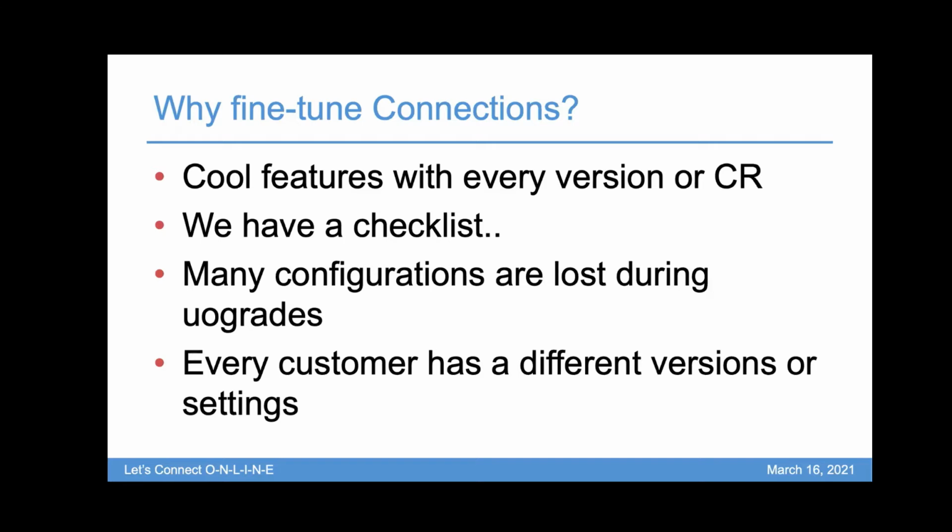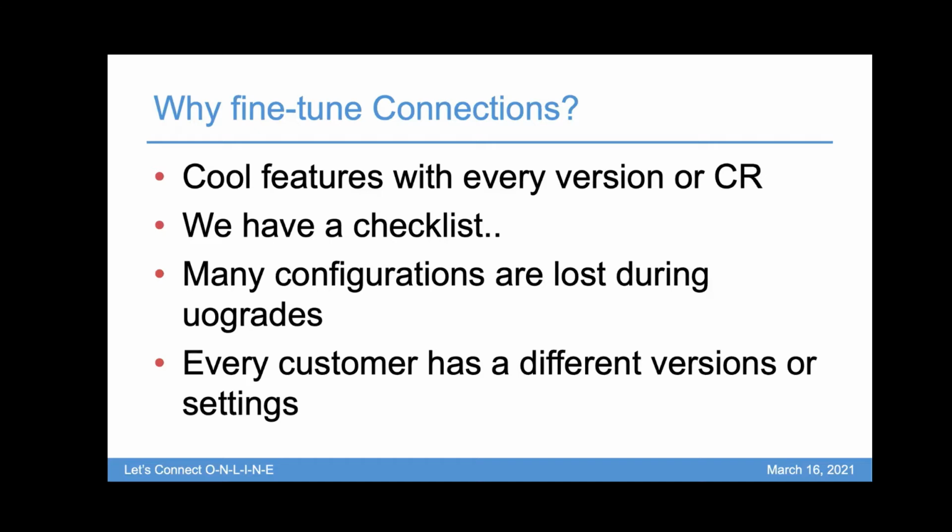During the years, we developed a kind of checklist: what must be done, what should be enabled for mostly every customer. There is one unpleasant thing: during upgrades of Connections, most of the customizations or settings are gone, so you have to start over. Also every customer has a different setup, different environment, different version.